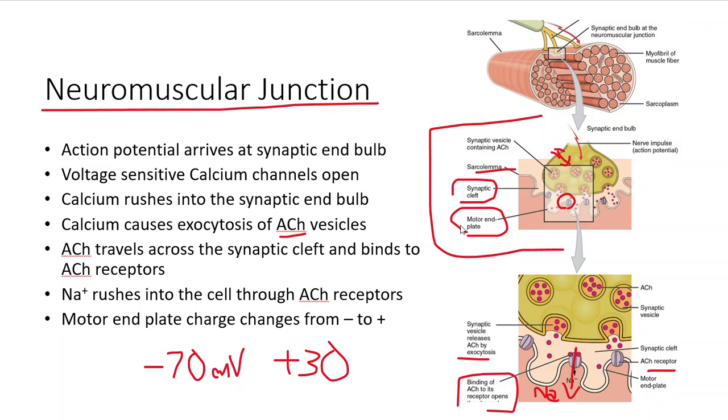When this changes, it's going to cause some other gates here. These are sodium gates too, but these sodium gates don't have receptors for acetylcholine. These guys are going to open when the voltage changes. So these are voltage gated sodium gates.